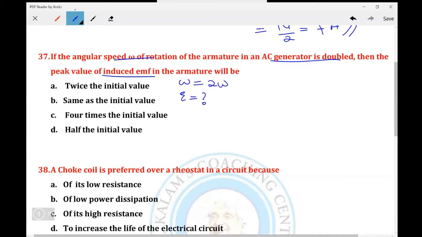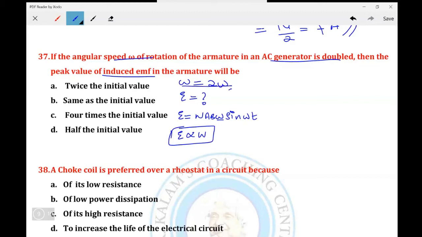We know that EMF is equal to NABω sin ωt. This is the formula for EMF. From this you can directly see that EMF is directly proportional to omega, that is angular speed of rotation. When angular speed is doubled, your EMF will also get what? Doubled or half? If directly proportional, what happens? It will be doubled, that is twice the initial value.